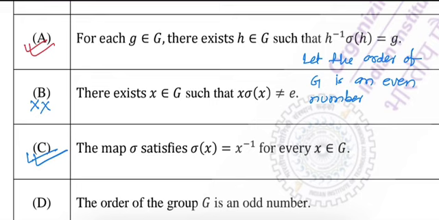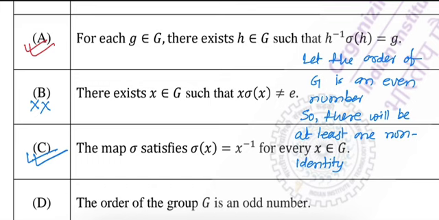Then there will be at least one non-identity element, say x, for which x to the power 2 will be the identity element, because 2 is the smallest prime number dividing any even number.